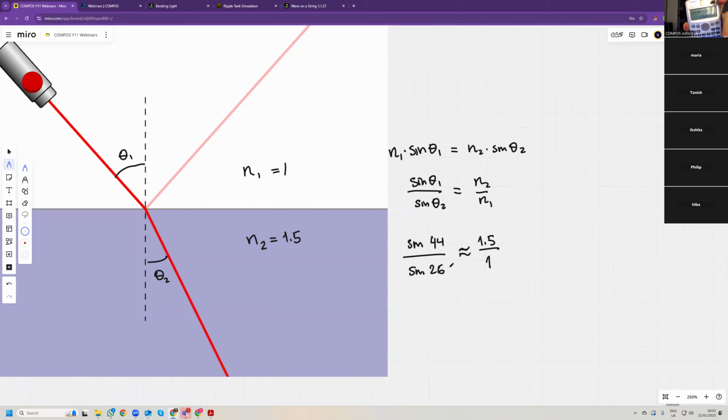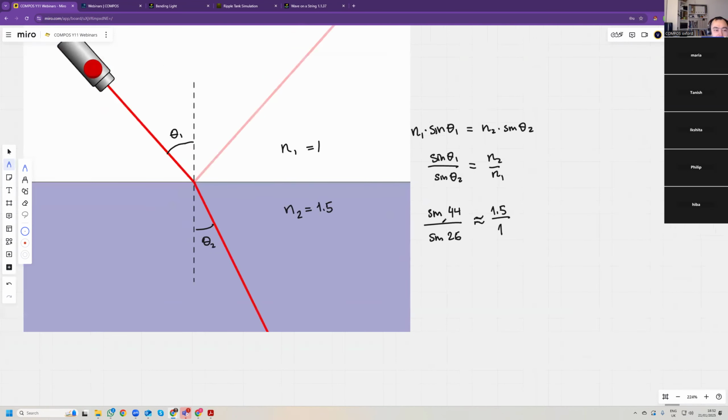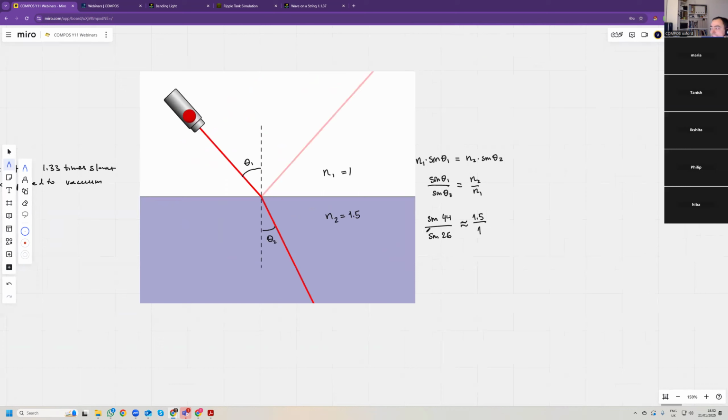Okay, so it's approximately 1.5. Well, it's not, it's approximately 1.6, but I must have messed up the measurement of the angle. Okay.